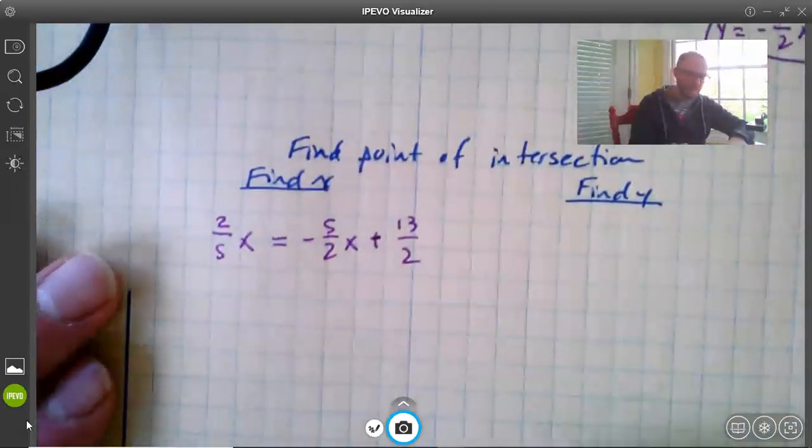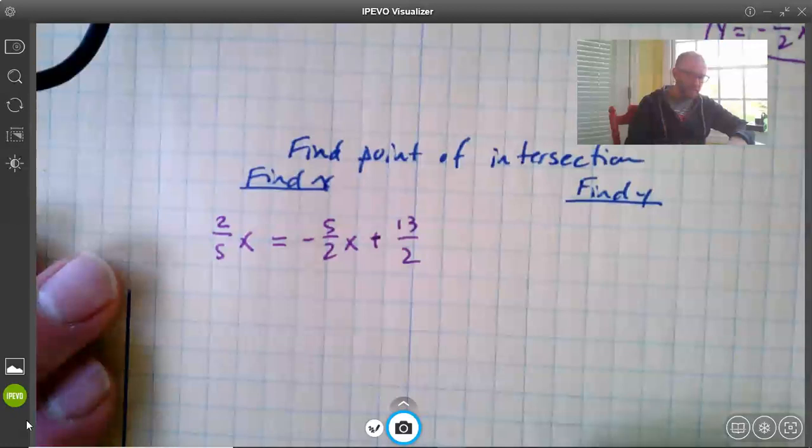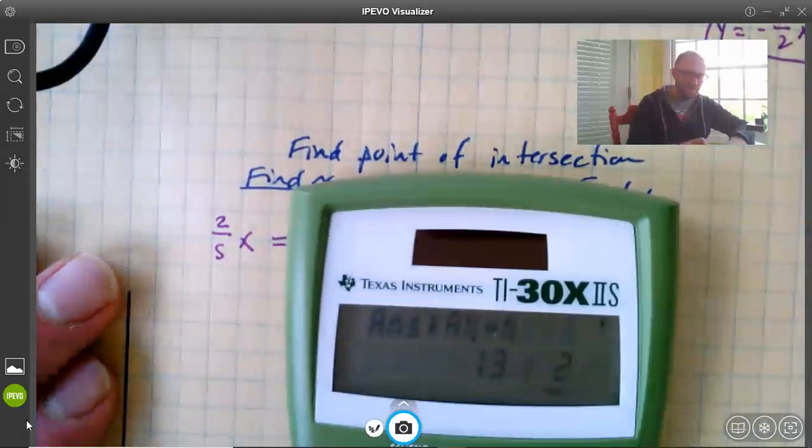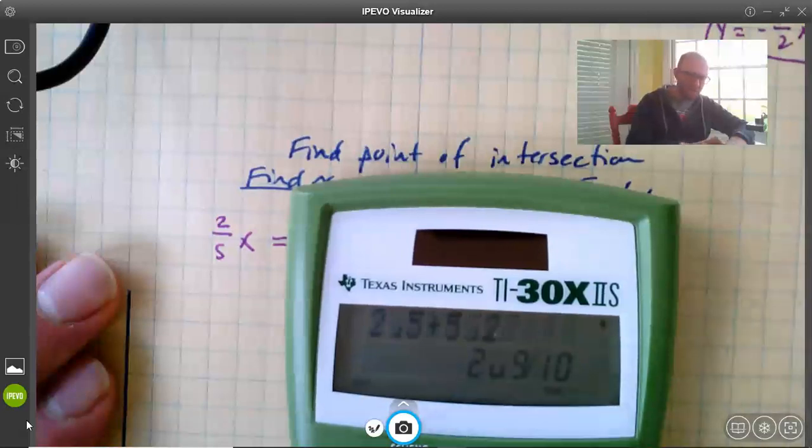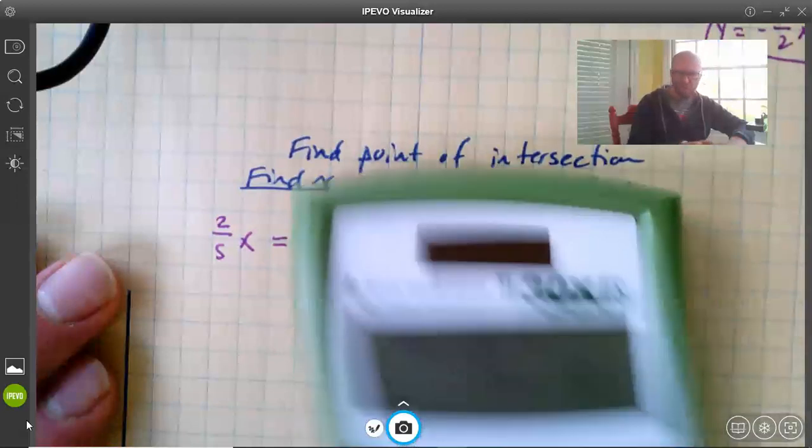So let's see, we'll add 5/2 x to each side. So 2/5 plus 5/2 is 2 9/10, which is 29/10.